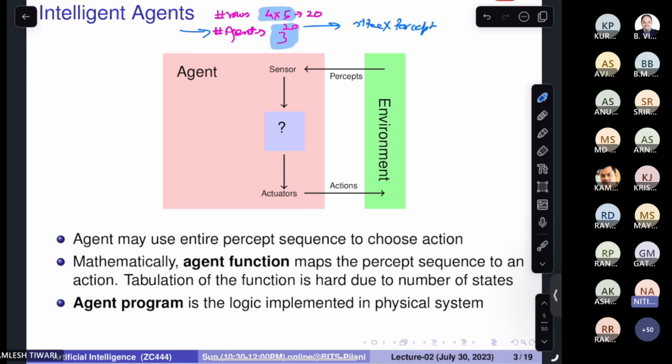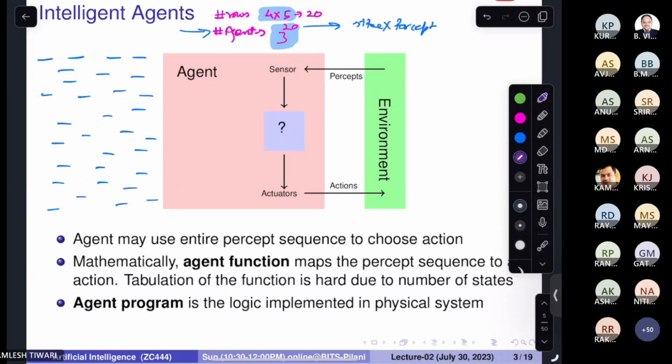Yes, so there are 3 to the power 20 different ways of developing these functions. There are very many of them, but you know that many of them could be absurd, because one possibility is 1 1 1 1, every time keep increasing the temperature, and 0 0 0 0 means every time you just keep decreasing the temperature.